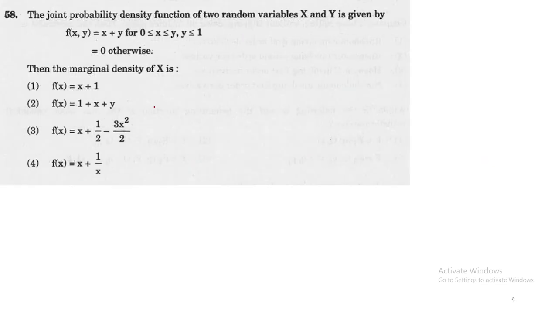Next, question number 58. The joint probability density function of two random variables x and y is given by f of x comma y equals x plus y.